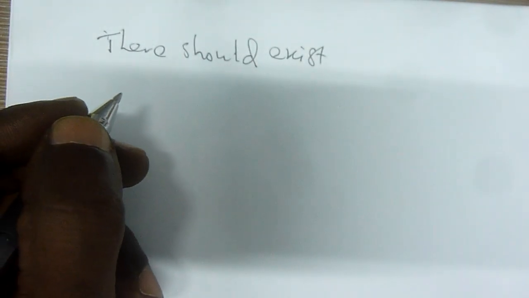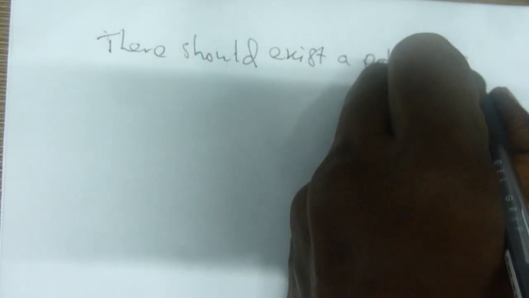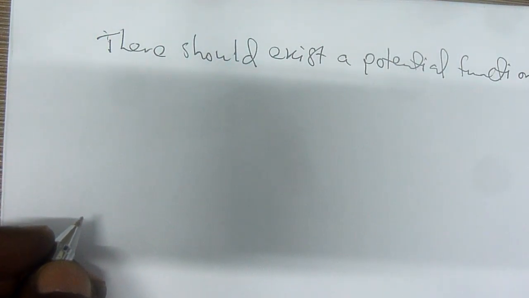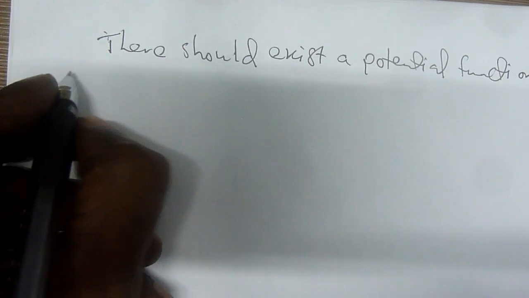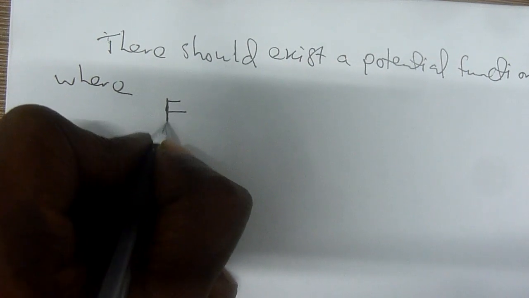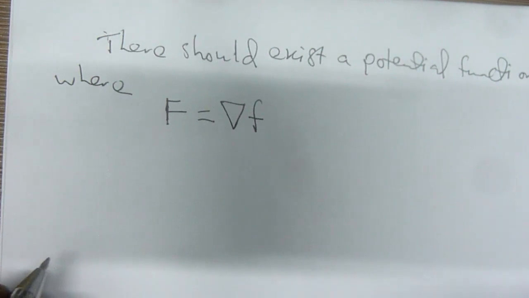There should exist a potential function, where F equals the gradient of f. This is what we learned.